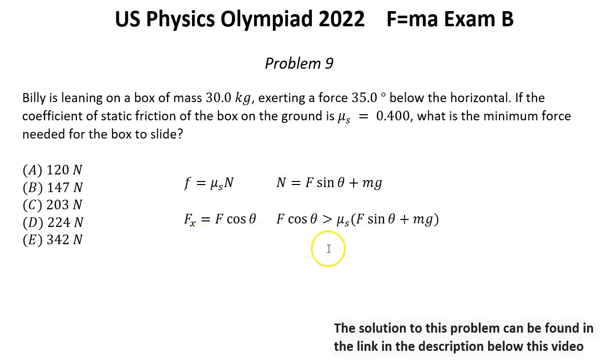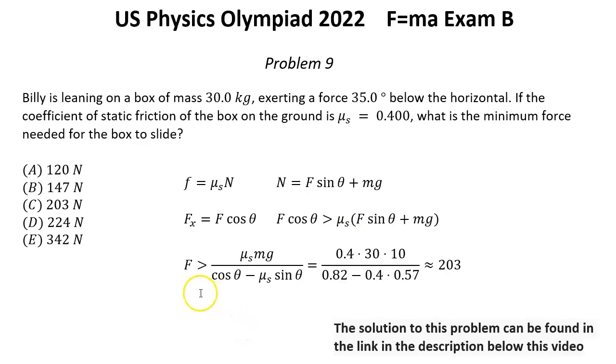It means that we have this inequality from which we can find a minimum force F. That will be this expression, which is 203 newtons. That's answer C, and that was a solution for problem number 9.